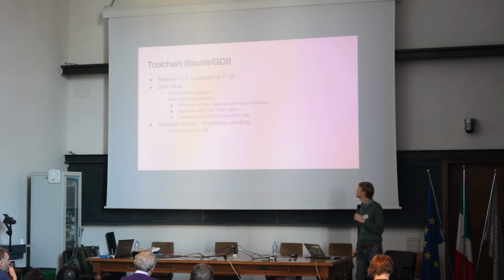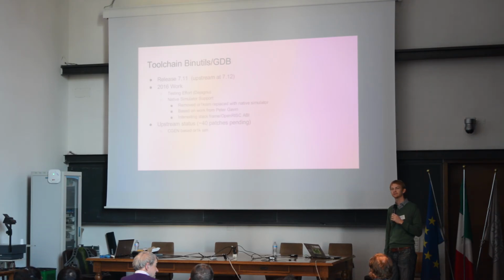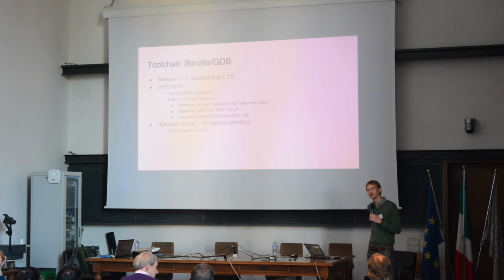Which version of GDB are you on at the moment? We're on 7.11. Okay, because the next release will go to being C++ only. Oh, really? And you have to have migrated your source across. At the moment, there's a macro way of hiding the C++.